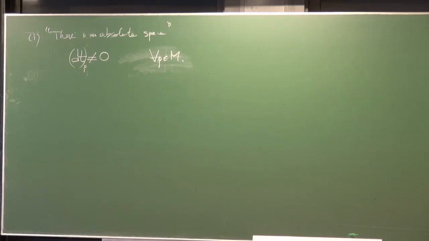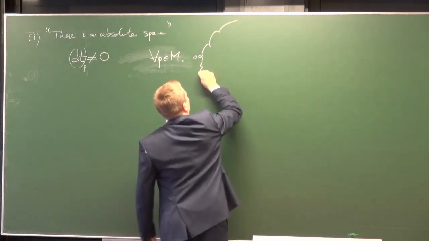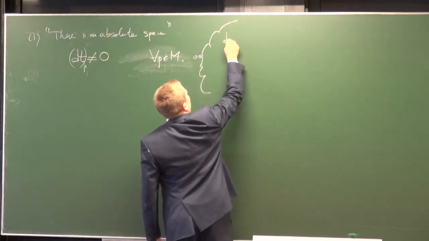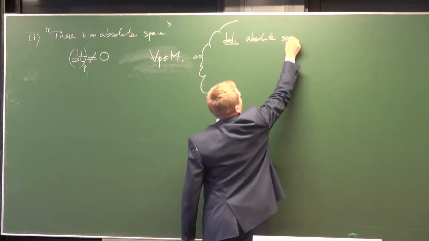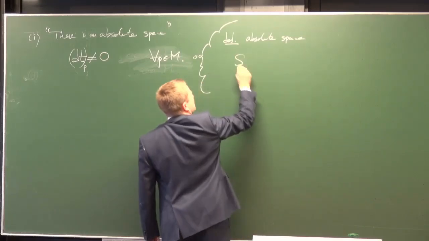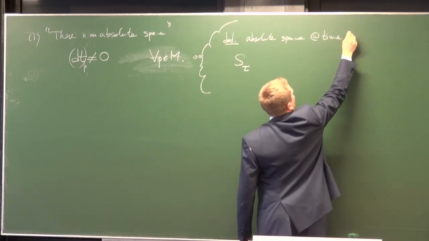What does that have to do with there's absolute space? So this is no longer part of the axiom, but that's something that follows from it. You define absolute space S tau, it's absolute space at time tau.